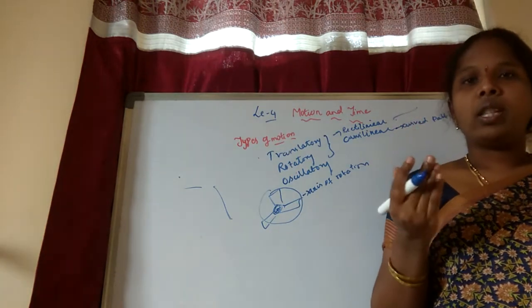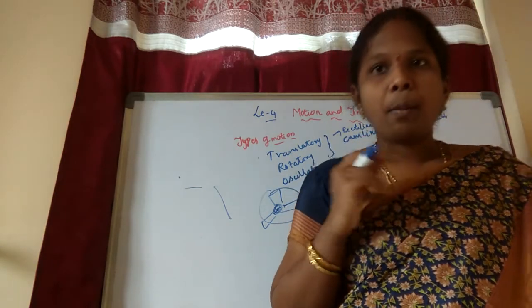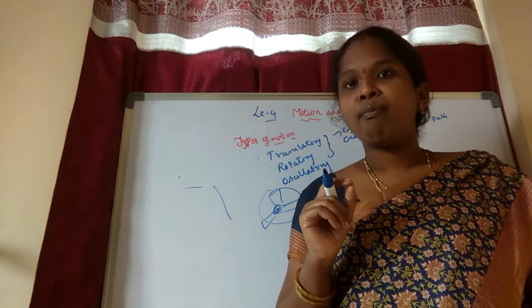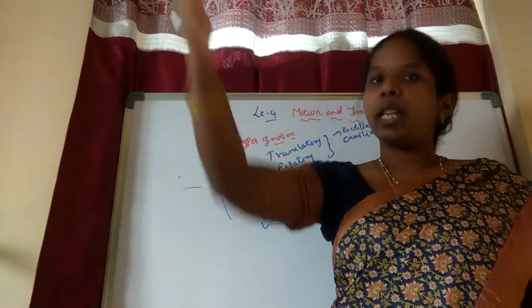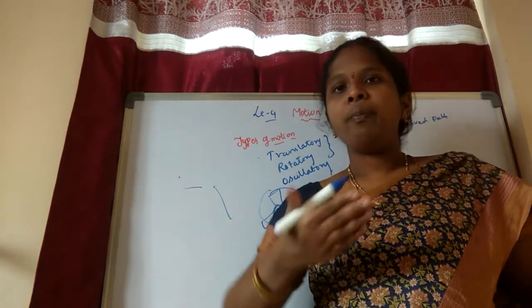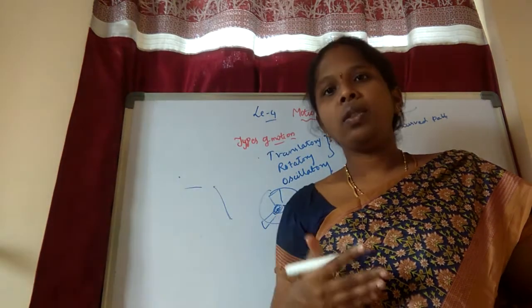So it is the to and fro motion of an object about a fixed point, which always follows the same path. For example, if a swing is going, again it will come back to the same position, no? So to and fro, the swing is moving like that.